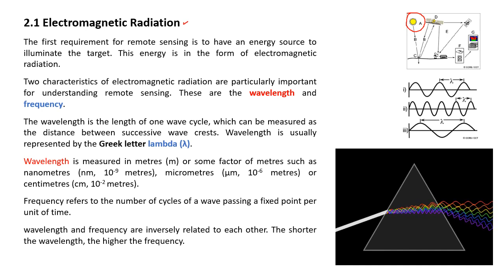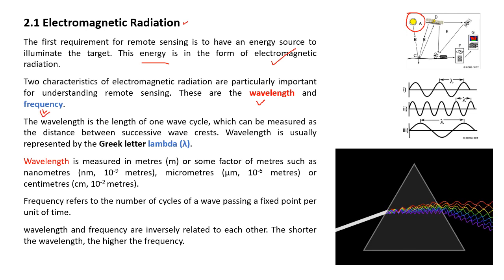So this energy is in the form of electromagnetic radiation here. There are two simple characteristics, the wavelength and frequency. I mean, this energy we can classify, or understand, with the help of wavelength and frequency.